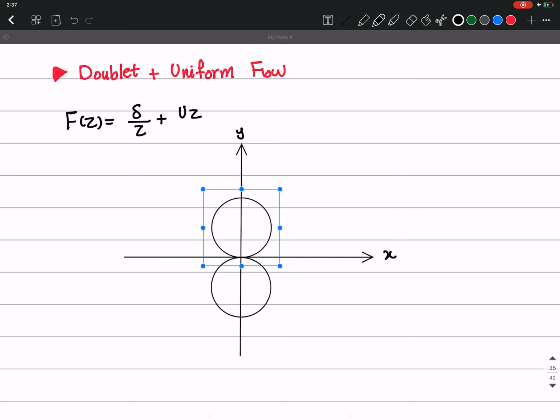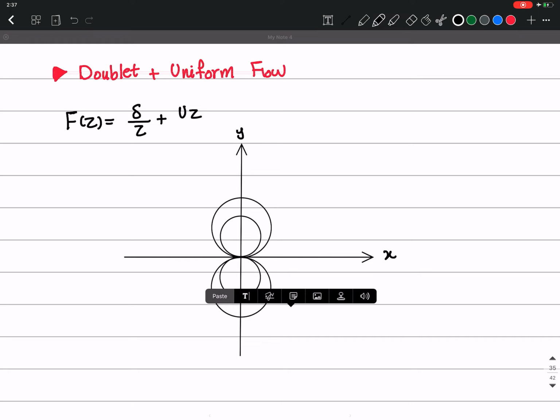So let me just show, if we have, say, a doublet here, how does this look like? So this is the shape of the doublet.